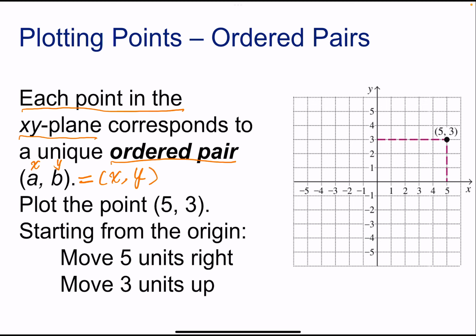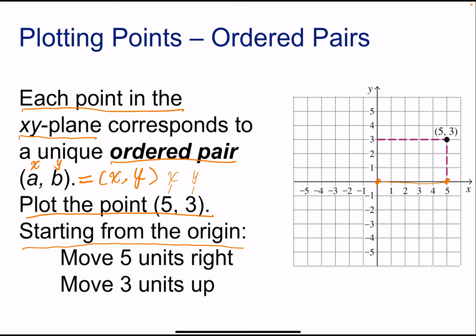Okay, so example 5, plot the point (5, 3), meaning the x coordinate equals 5 and the y coordinate equals 3. What you do is always start from the origin. Because the x coordinate is positive 5, you move toward the right, in the positive direction, by 5 along the x-axis.